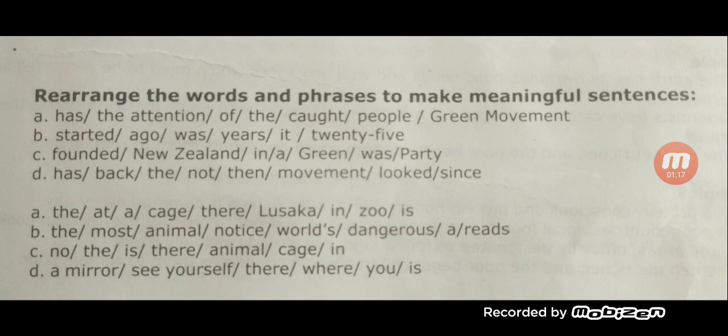B. It was started 25 years ago. Okay, something 25 is there, years is also given, ago is also given, so something years ago, right? So it was started 25 years ago.